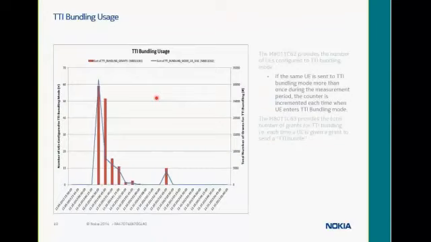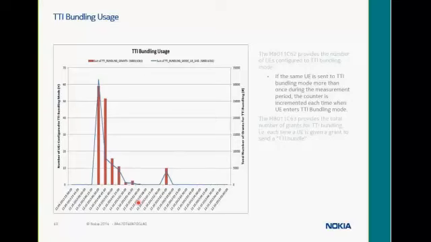Very good. Here's a great example. So here's the number of bundling grants that we receive at different times. The blue line is the sum of all of the bundling grants. So you can see that it does get used. It isn't always used because it's only in poor conditions.